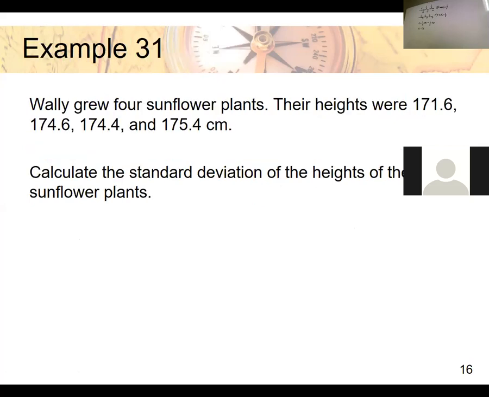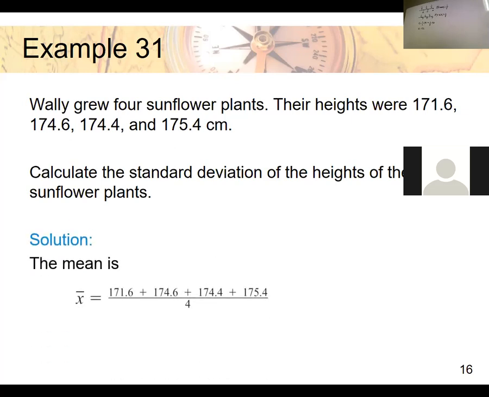Okay. Let's say Wally grew 4 sunflower plants. The heights were 171.6, 174.6, 174.4, and 175.4. Here I want to calculate the standard deviation of the heights of the sunflower plants. So first of all, we need to calculate the mean or the average.